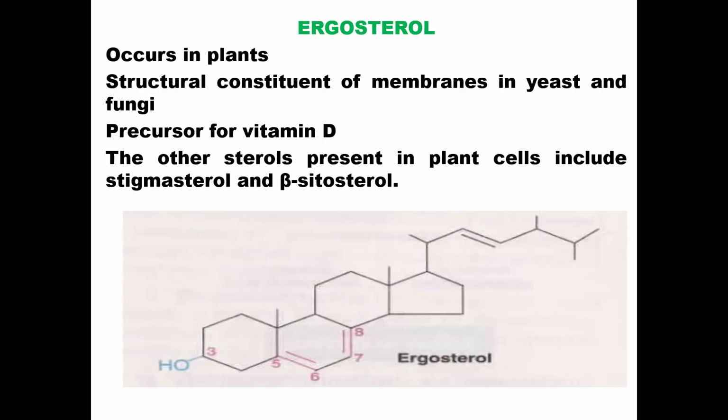So the next compound under steroids is what we call ergosterol. Ergosterol occurs in plants. It can also be found as a structural constituent of the membranes of yeast and fungi. Ergosterol is an important precursor for the synthesis of vitamin D. When ergosterol is exposed to light, ring B opens up.